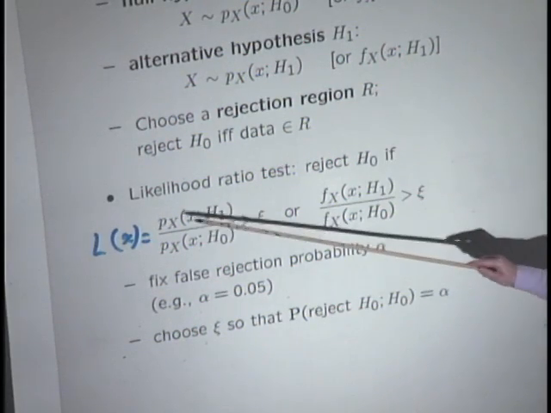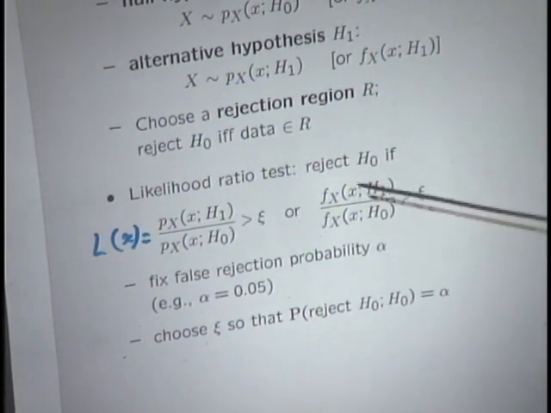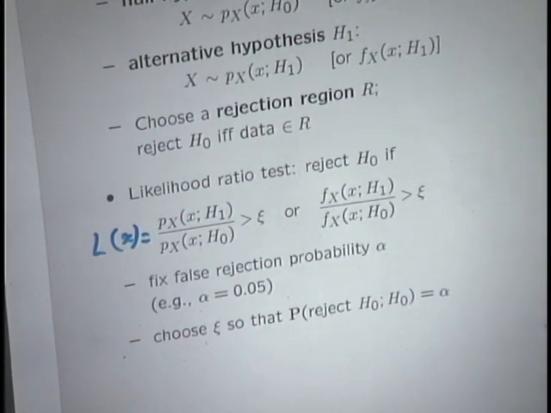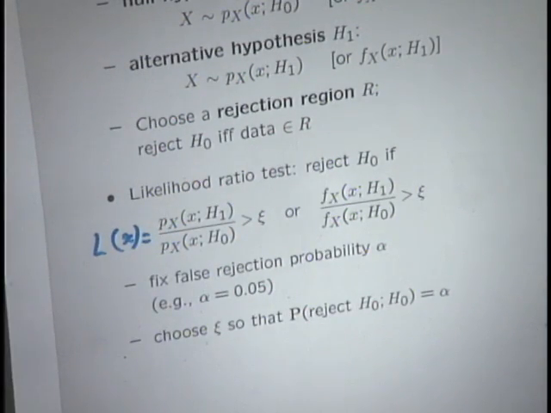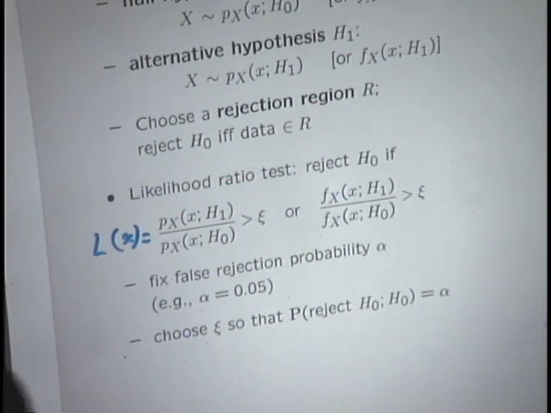That's what you do if you have discrete data. You use the PMFs. If you have densities, in the case of continuous data, again, you consider the ratio of the two densities. So a big L of x is evidence that your data are more compatible with H1 rather than H0. Once you accept this kind of structure, your decision is really made in terms of that single number.